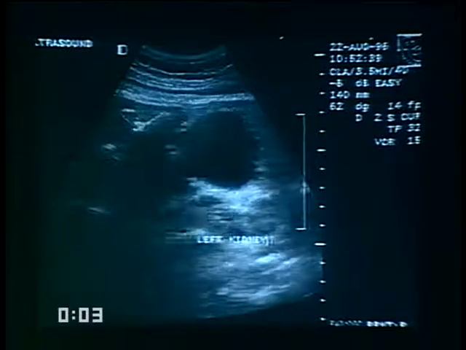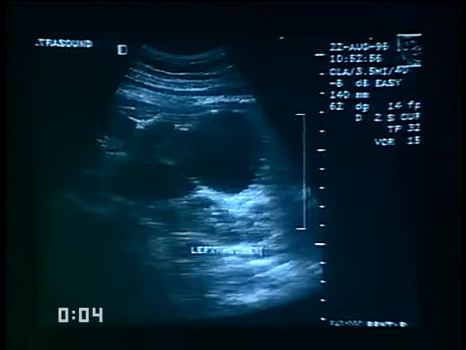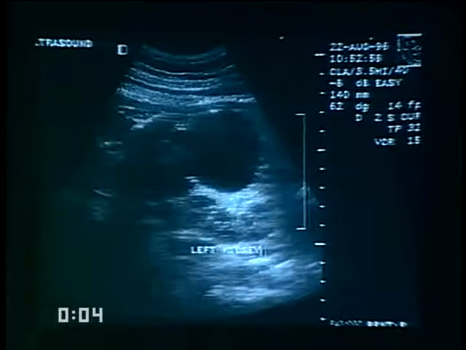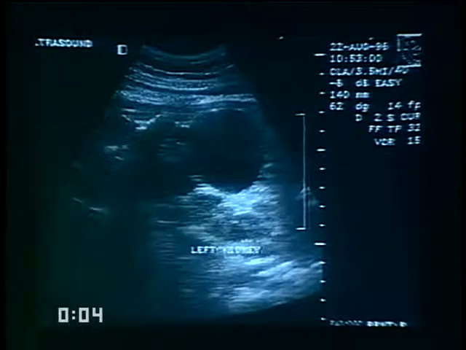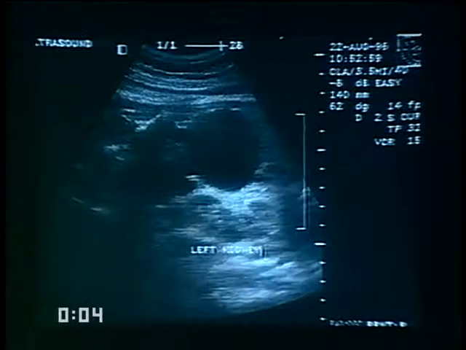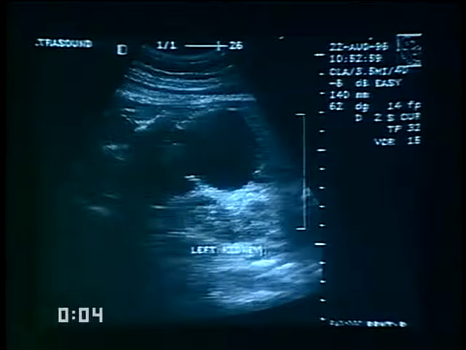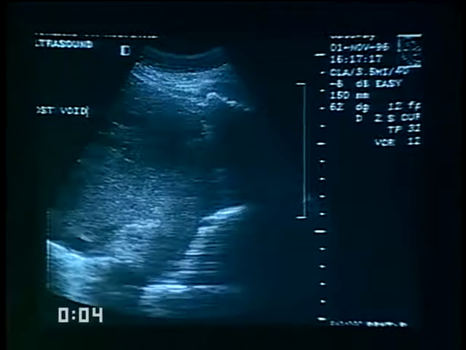And here we're trying to show you the left kidney. So that was an example of a UPJ, ureteropelvic junction obstruction. Case 4.